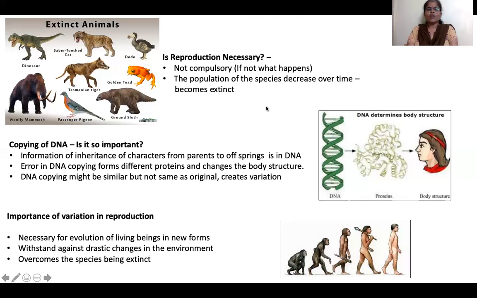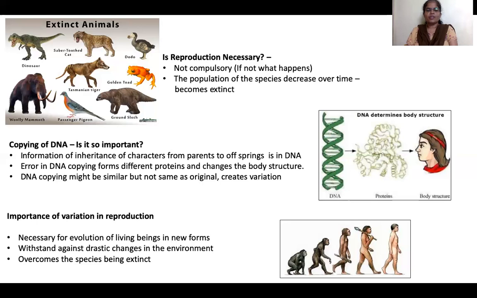Okay, what is reproduction? We know it is giving birth to young ones. During the process, what happens? In earlier classes, last year, you have studied that DNA is the genetic material that passes from one generation to another generation. During reproduction also, DNA gets copied from parents to offspring. Why is it important?